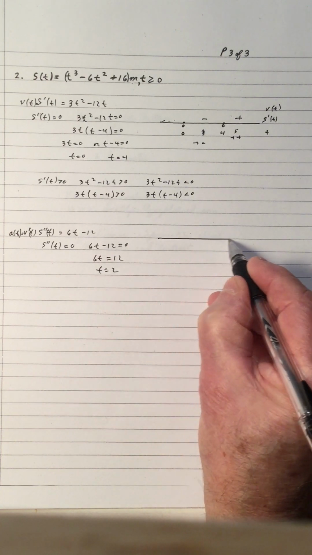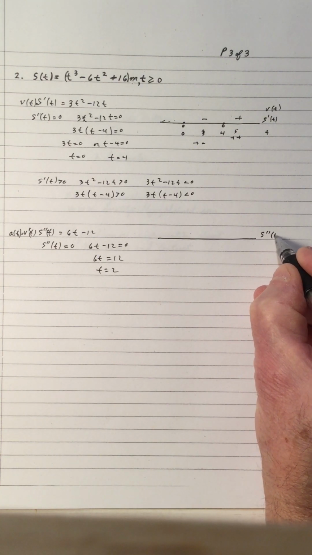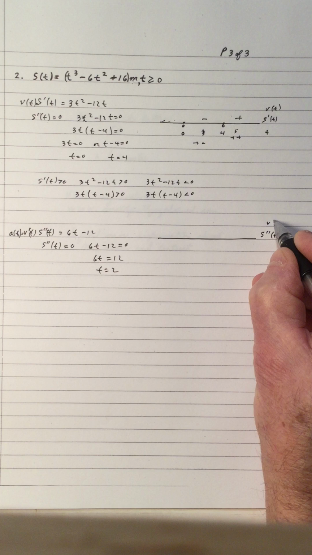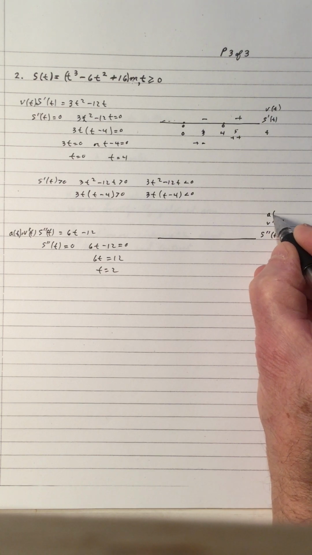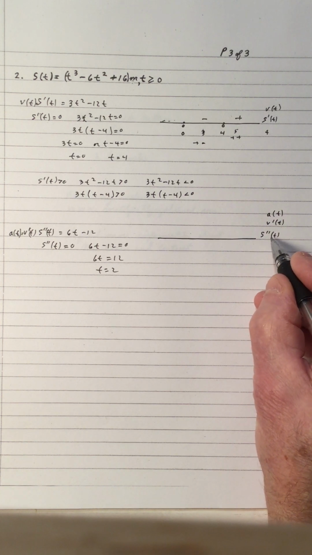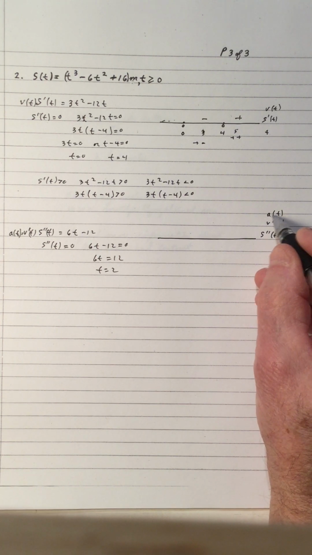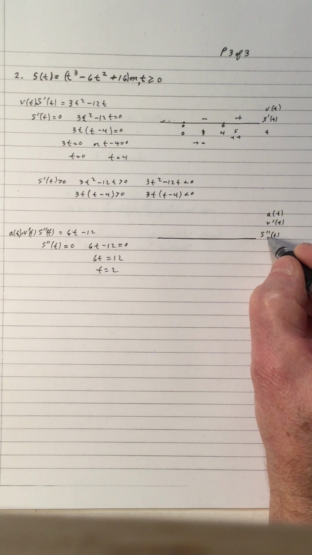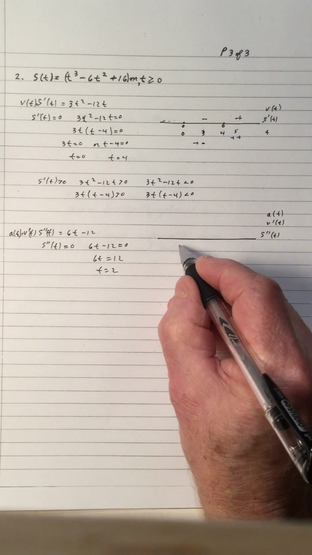So we look at s double prime, and again s double prime is the derivative of the velocity, or its acceleration. So this is the acceleration, and it happens at 0 seconds.